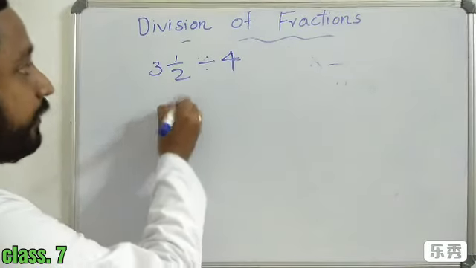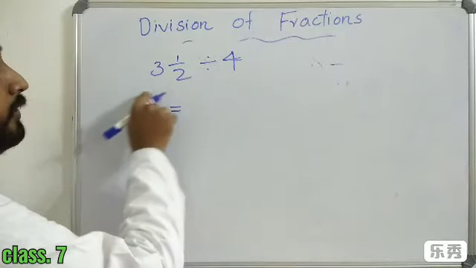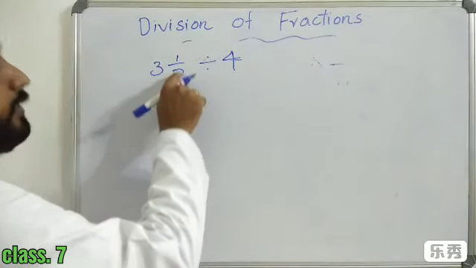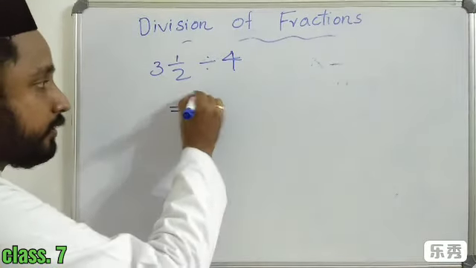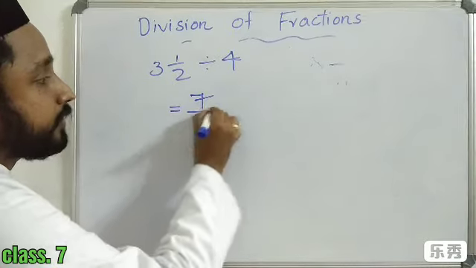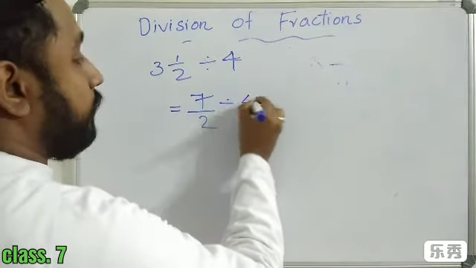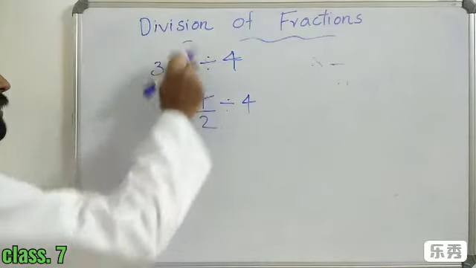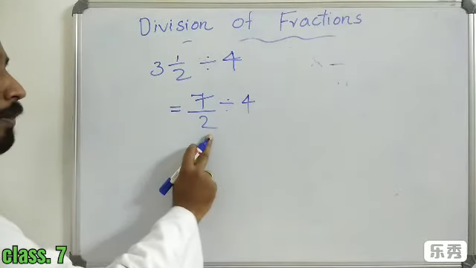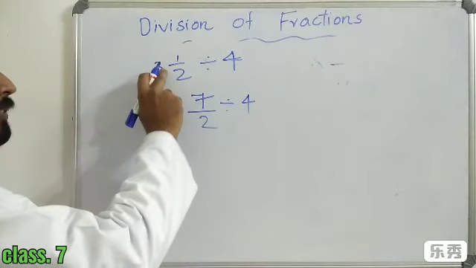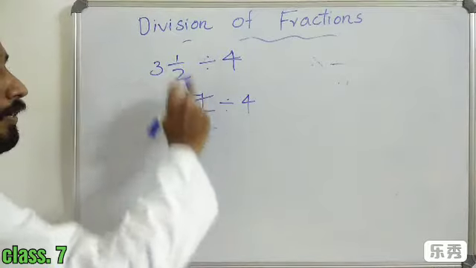How? 3 1 by 2, we can easily change into 3 into 2, 6, 6 plus 1, 7. So 3 and a half means 7 by 2 divided by 4.